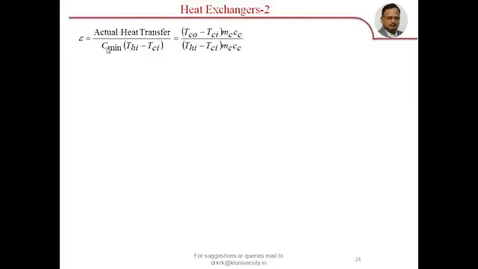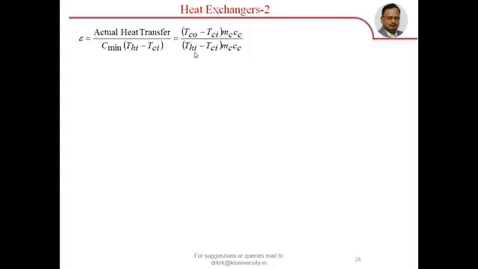As per the definition, effectiveness is the actual heat transfer by the maximum possible heat transfer, that is C minimum into THI minus TCI. Here the minimum heat capacity fluid is MCCC. So let us choose the actual heat transfer formula MCCC into TCO minus TCI. In the denominator also MCCC into THI minus TCI. MCCC cancels, and this effectiveness now has only three temperatures, THI, TCI and TCO.